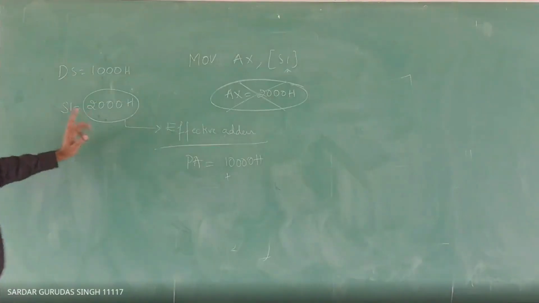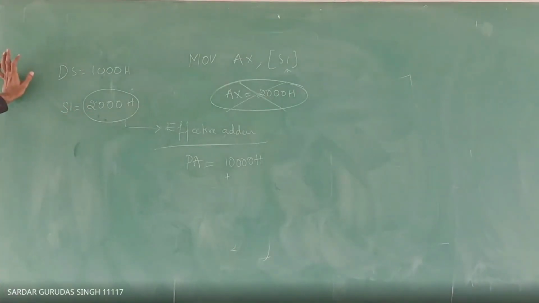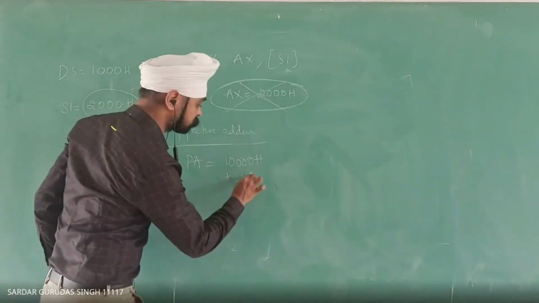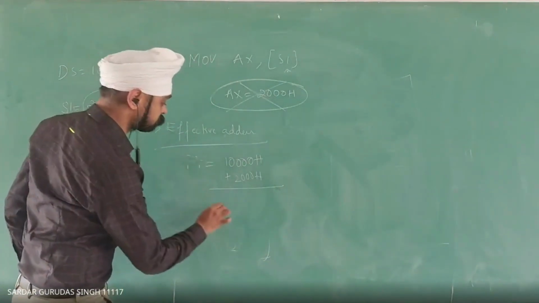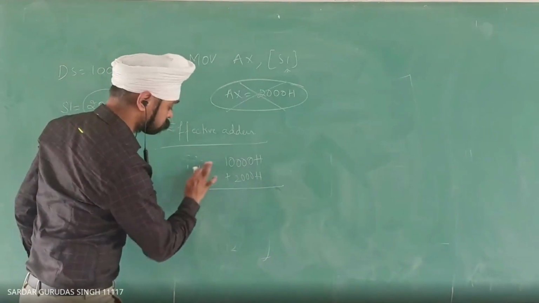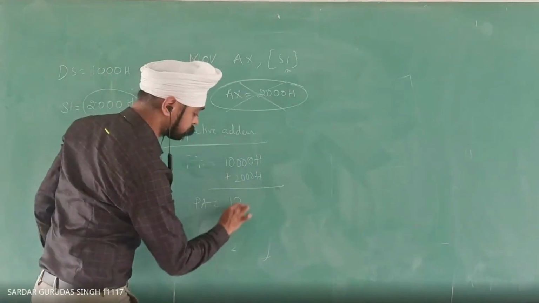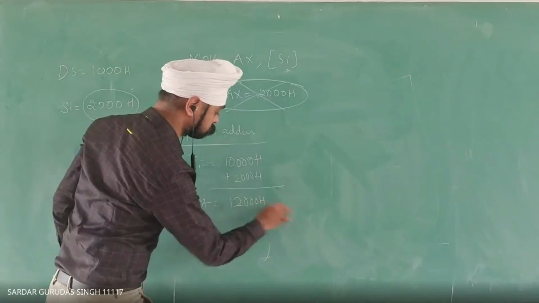Just tell me the effective address, not the physical address. 2000H. So the physical address will be equal to 12,000.